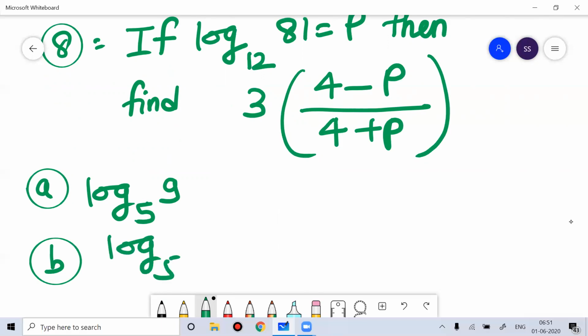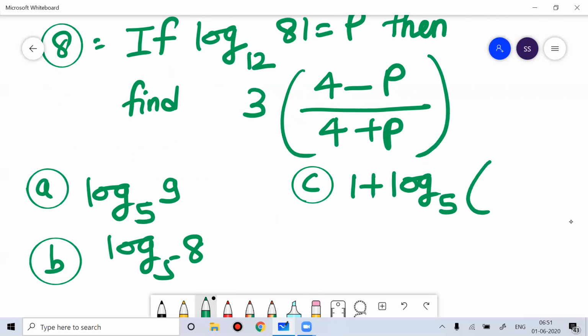log base 5 of 8; option C, 1 plus log base 5 of 1.